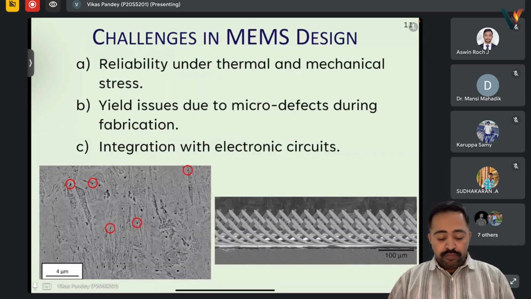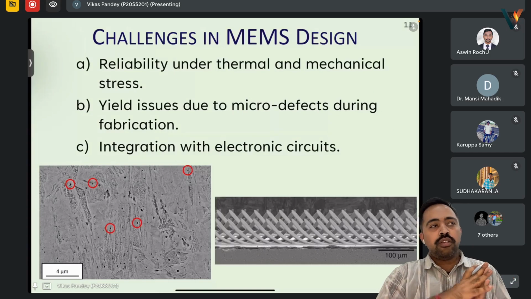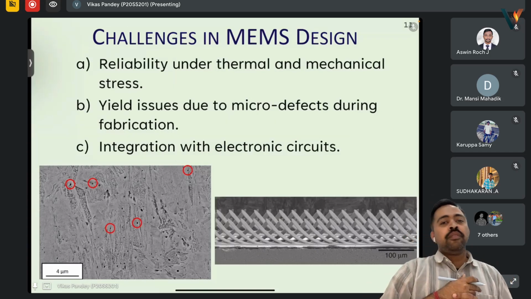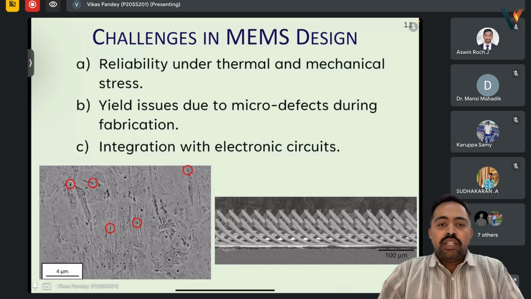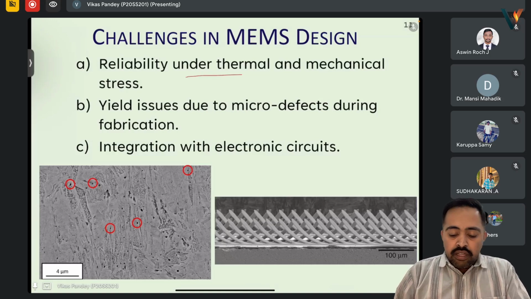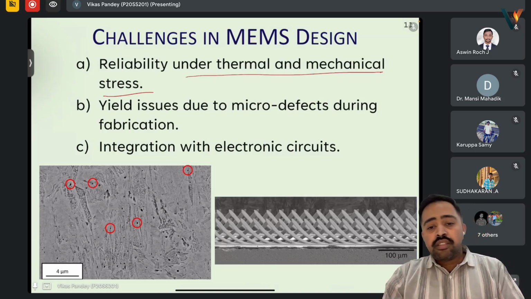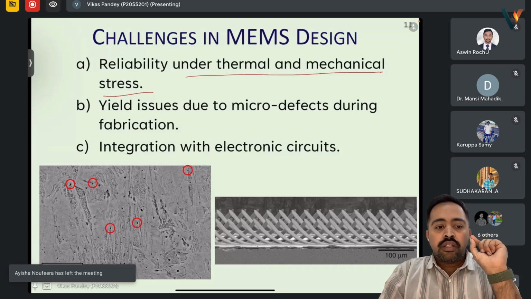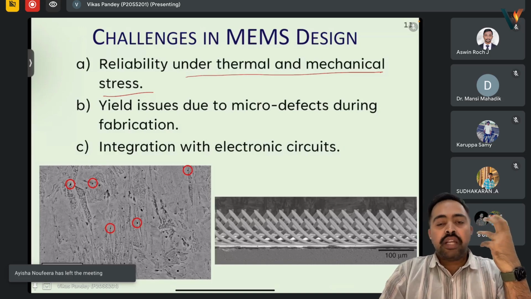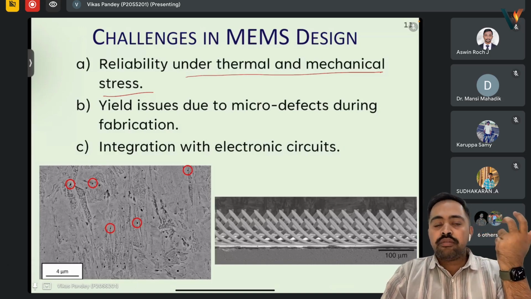So we talked about the good things of MEMS, but there are some problems also associated with MEMS design. One is reliability under thermal and mechanical stress. Since it is a very tiny structure, heat and mechanical stress will have some effect.